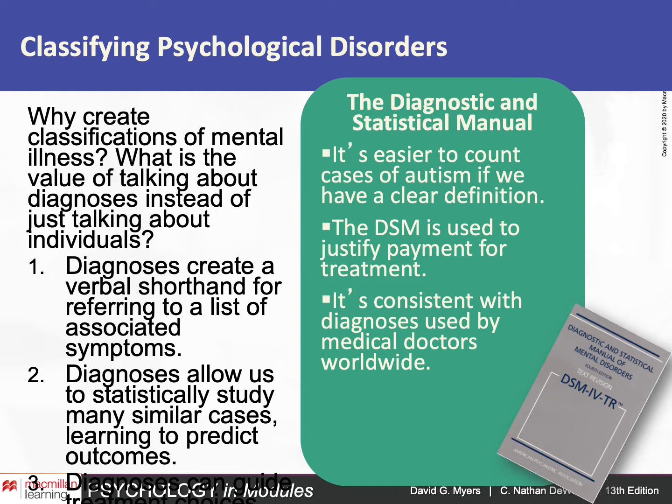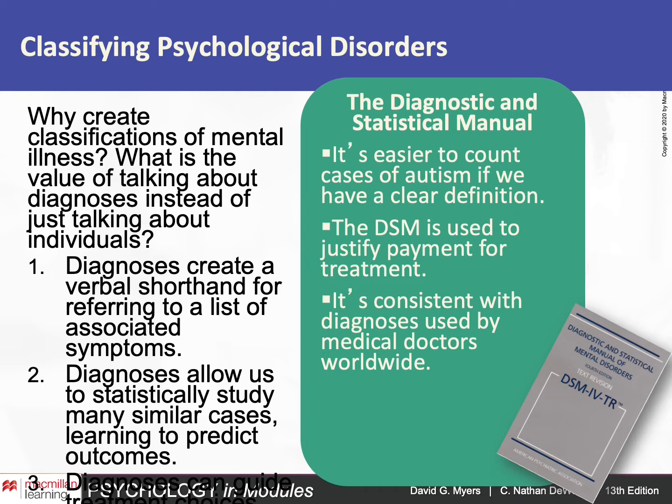So the DSM gives us very precise and consistent patterns of symptoms that we look for in a given disorder, as well as how long those patterns of symptoms have to persist and in what context before an individual meets the criteria for having a particular disorder, right?